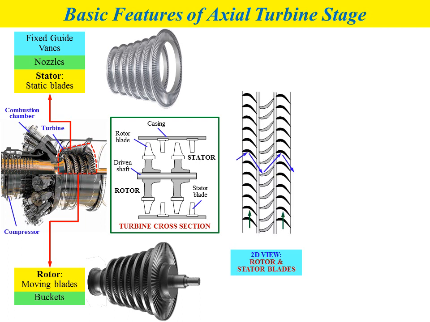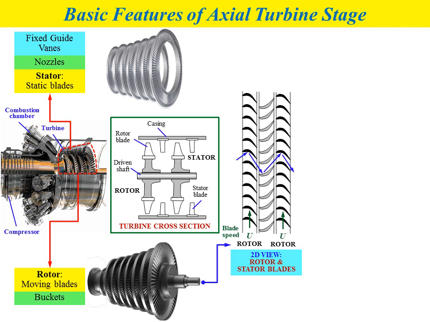Okay, so now we look at 2D view of rotor and stator blades arrangement. We have example of rotor and also nozzle or stator. In this figure we have two rows of rotor and also one row of nozzle.